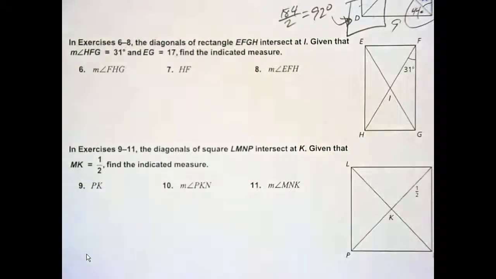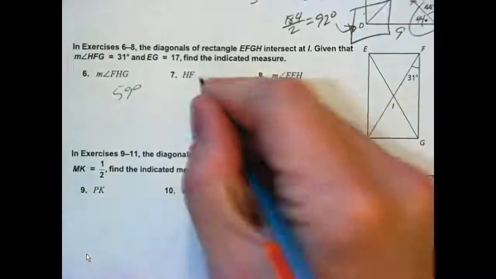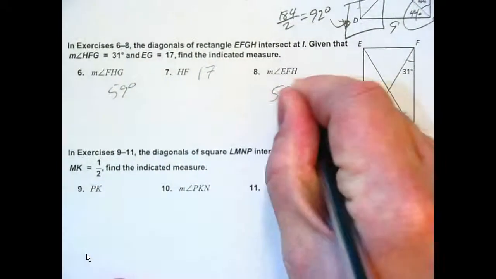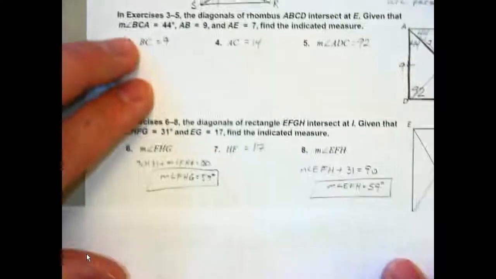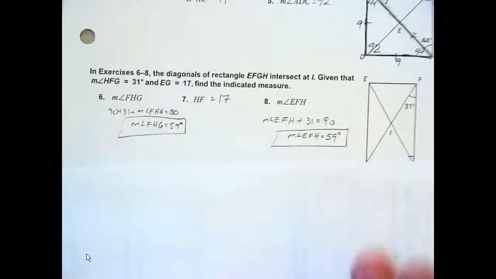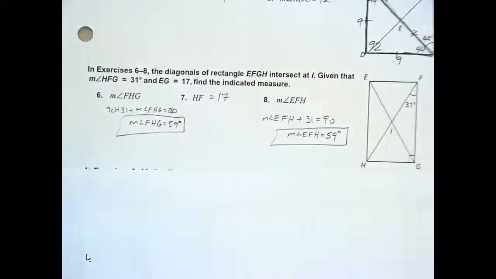All right. Hey, this one is 59 degrees. This one is 17. And this one is 59 degrees. Okay, the work there, just so you can see it. You have your 90-degree angle because it's a rectangle, plus something equals 180.